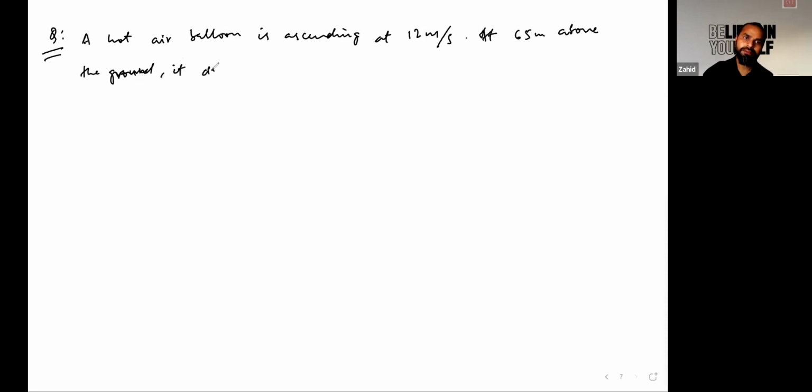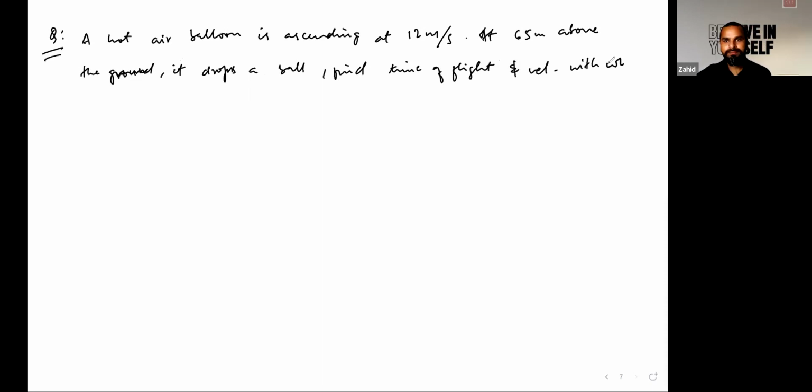It drops a ball. Find the time of flight and the velocity with which it will hit the ground. Try to solve.